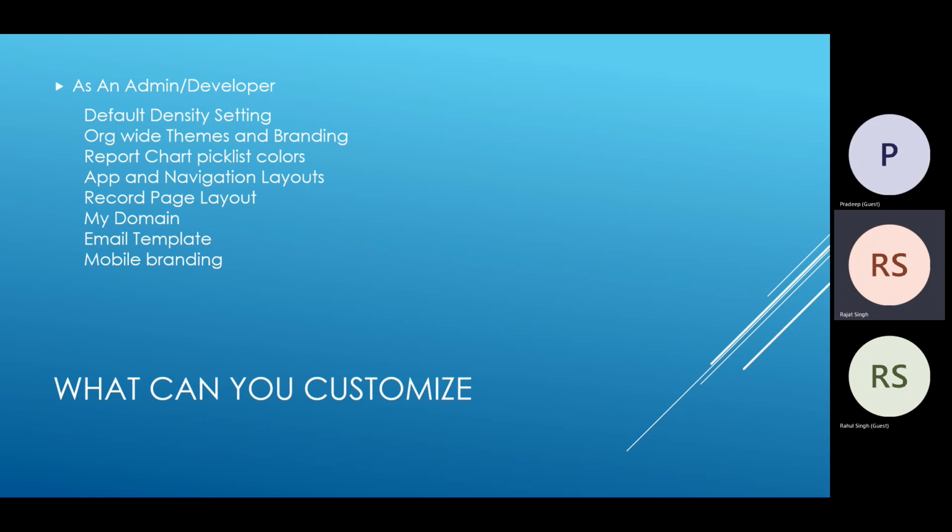Then there are org-wide themes and branding. With all organizations, you created your organization on Salesforce. Now for that particular organization, you can choose what themes you want, what branding you want. Suppose I'm working for BSH or Bosch.